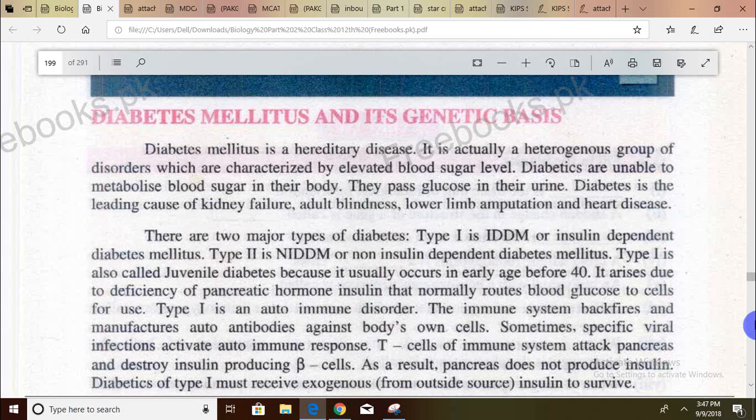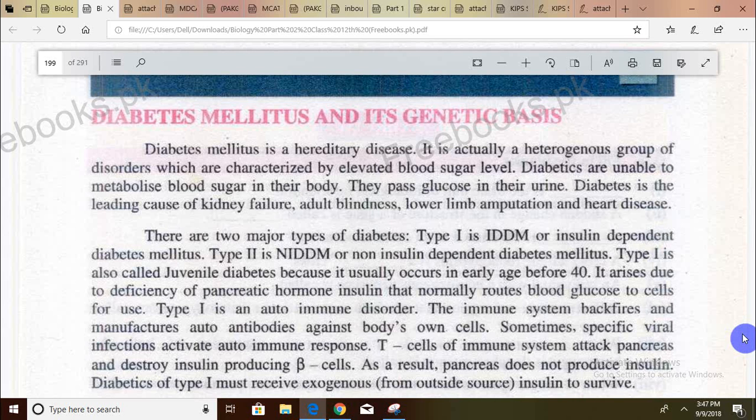So right over here we have an environmental influence. As a result, the T cells of the immune system attack the pancreas and destroy insulin producing beta cells. And what does this result in?